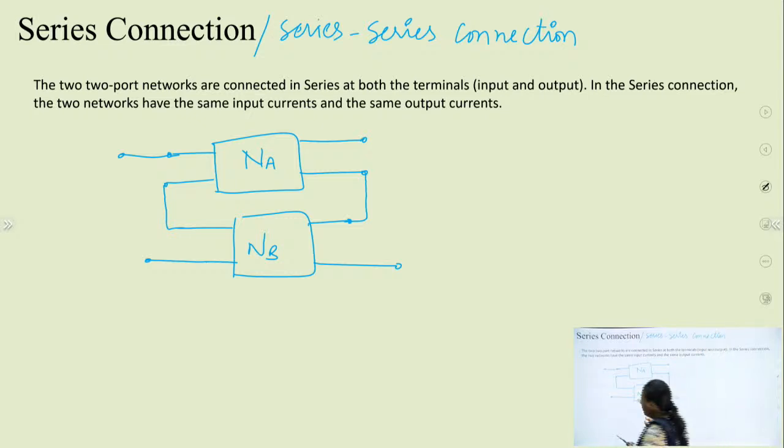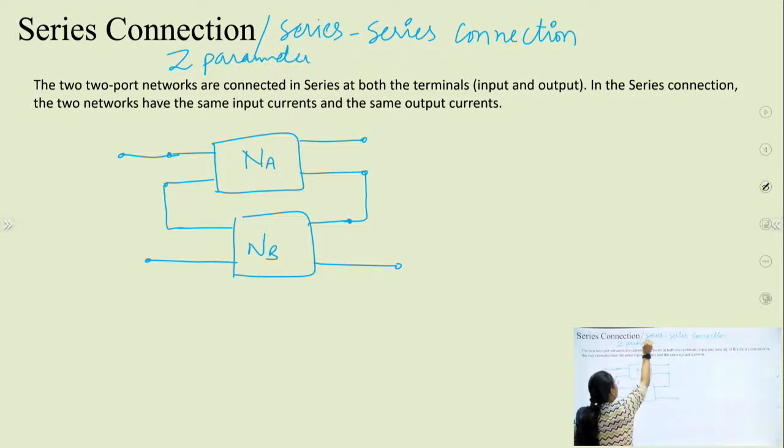Now how do we find the result of a series connection? The series connection will be used for the Z parameter, as I have told you. This will be the overall network.